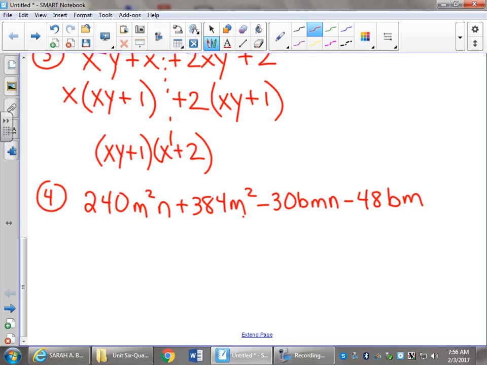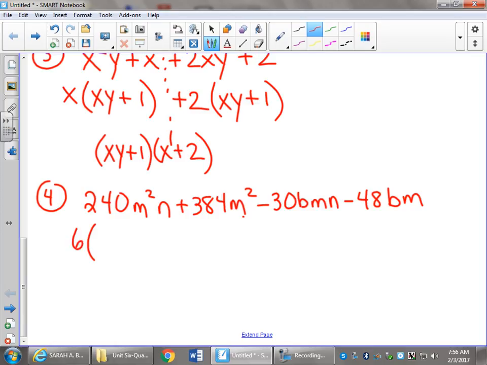Okay. So the magic number that's going to go into all of these is 8. So we're going to go through and divide every single term by 8. Oh, sorry, bigger than 8. I think it's actually 6. Sorry about that, guys. It's going to be 6.